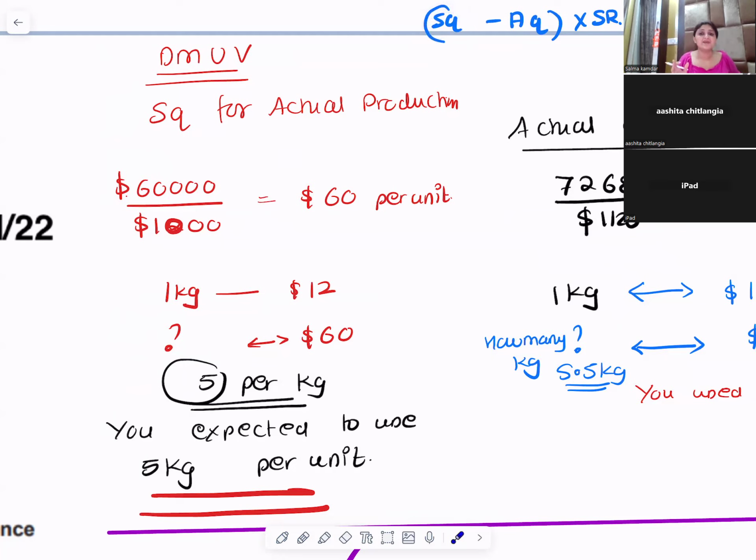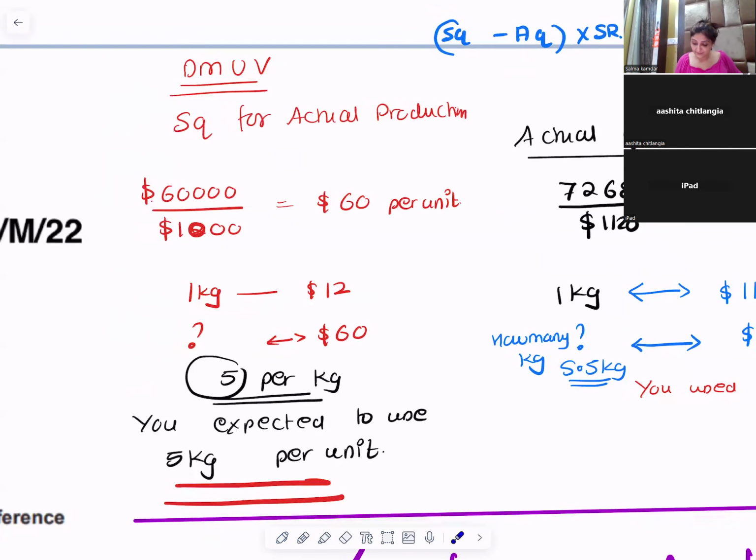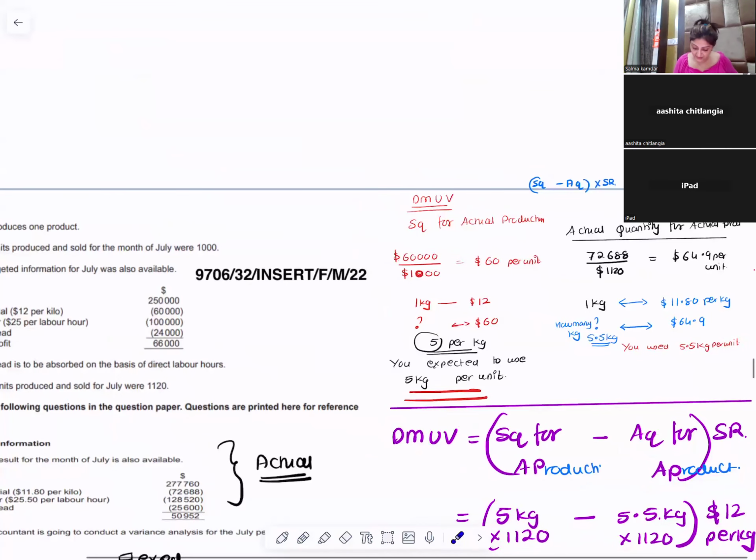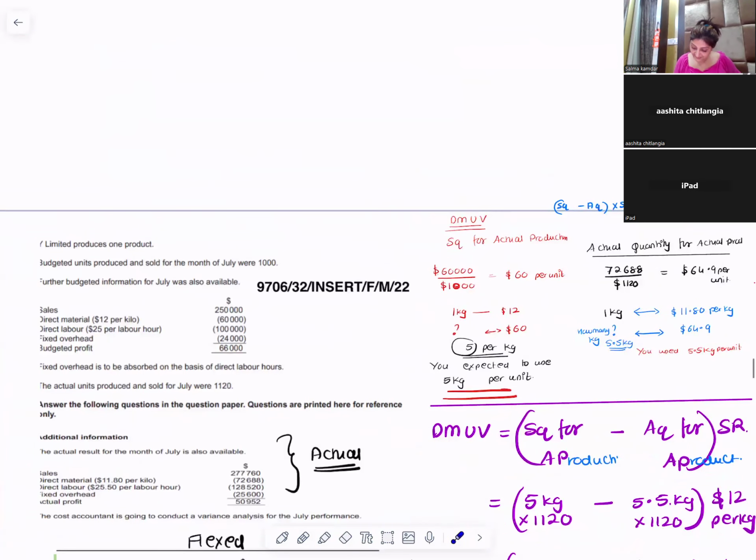Everything will always be for actual production, which is 1120 units. So let's talk about the standard quantity. Now we are talking about the kgs, the standard quantity for actual production.